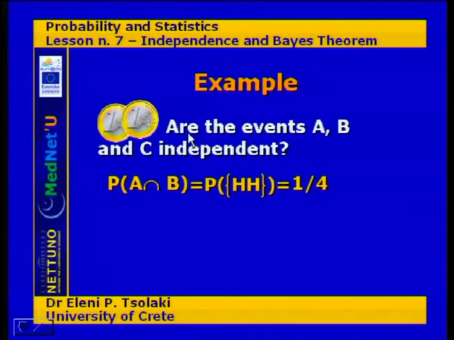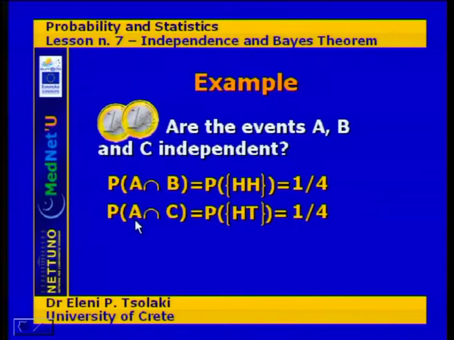So the question is if the events A, B, and C are independent. We first check the intersection of events A and B, which is the outcome head-head, with probability 1 over 4.